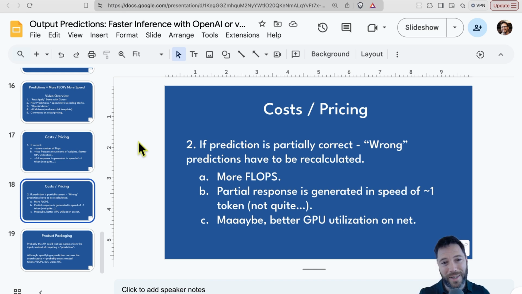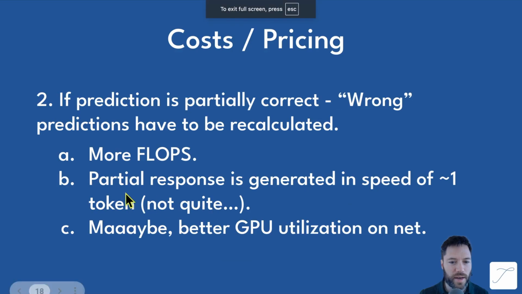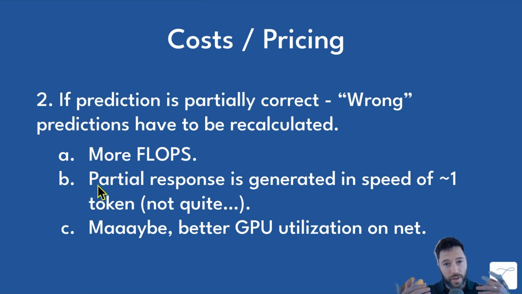I mean, if they were, then you wouldn't do the inference in the first place. So because some of your predictions are only partially correct, that means the wrong predictions have to be recalculated. It means that your speed up is not going to be quite as fast. Your partial response will be generated asymptotically in the time of one token, but then you'll need to go back and make more calls as per usual with an autoregressive process.